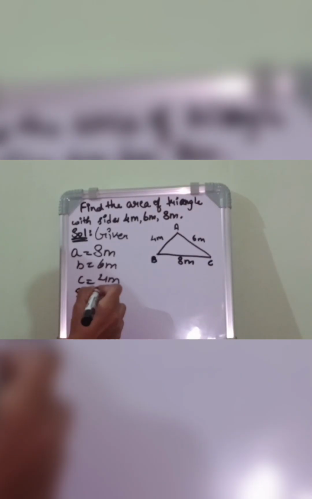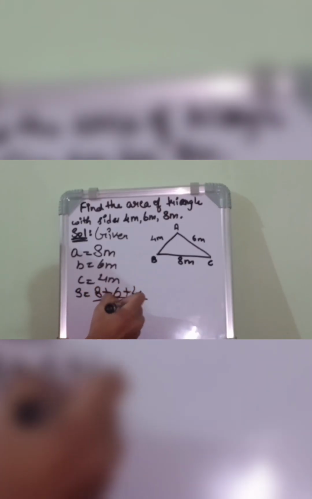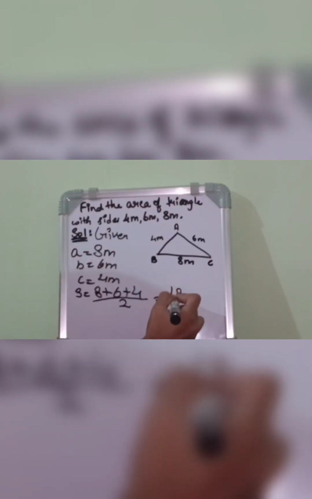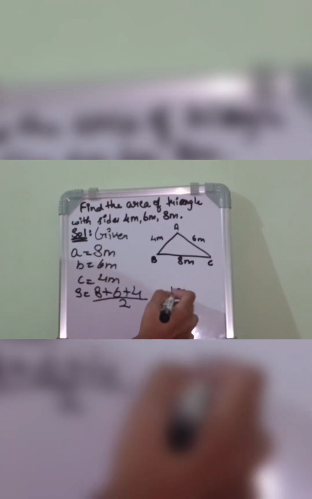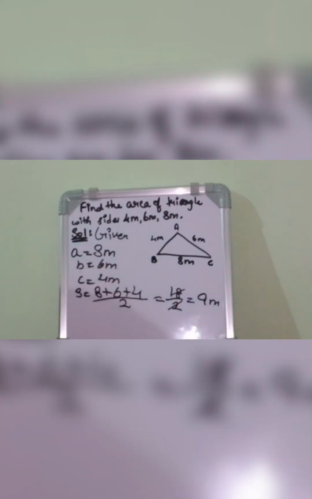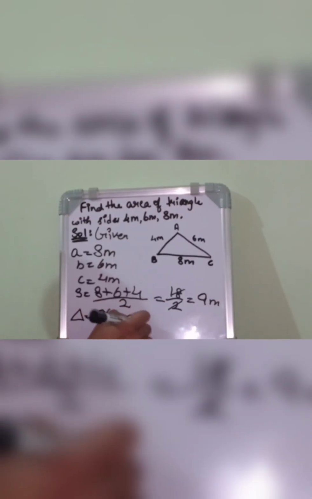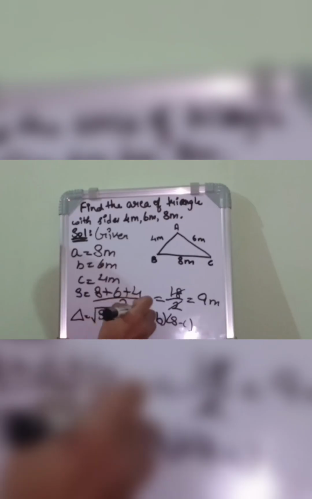S is equal to 8 plus 6 plus 4 by 2, which is 18 by 2. 18 is divisible by 2, so 9 meter is the S value. Delta is equal to under root of S into S minus a, S minus b, S minus c.